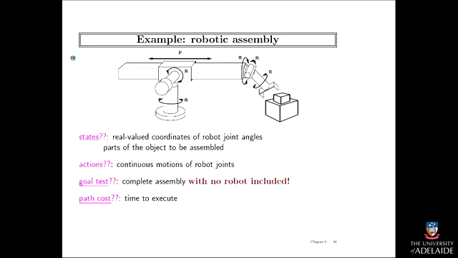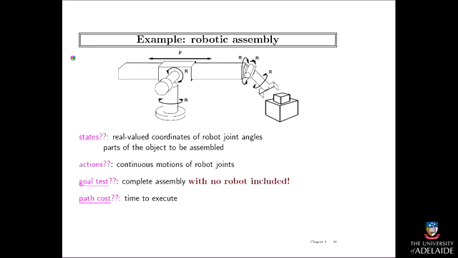So how can we apply either force or acceleration or velocity or position control to the joints of the robot? The goal test is clearly going to be we've assembled the thing that we want to assemble and we've moved the robot out of the way, and maybe the path cost in this case is the time to execute. How quickly can we do it?